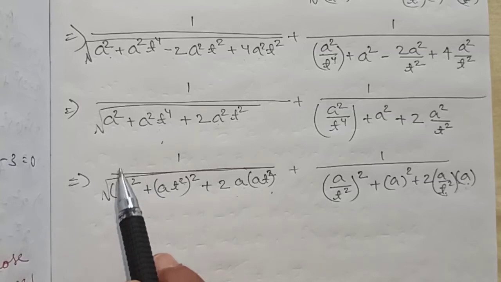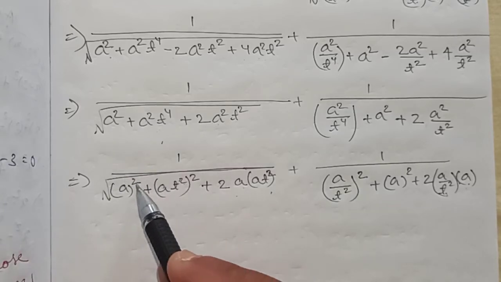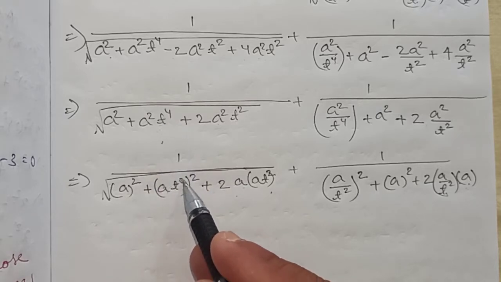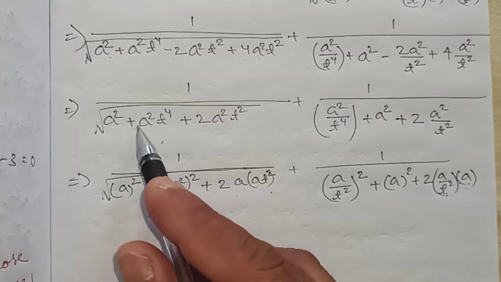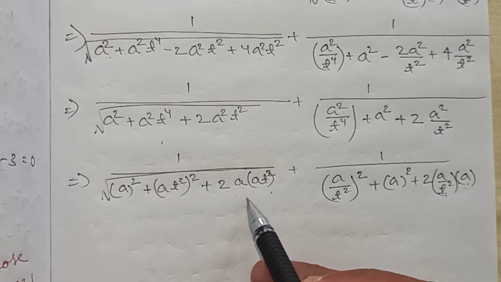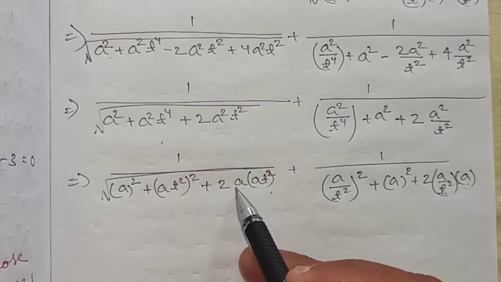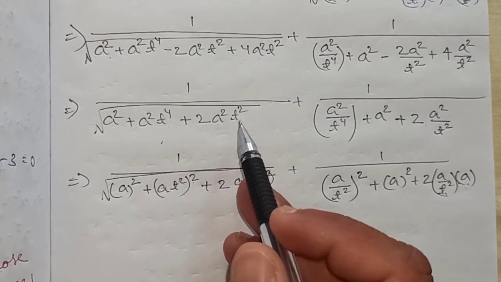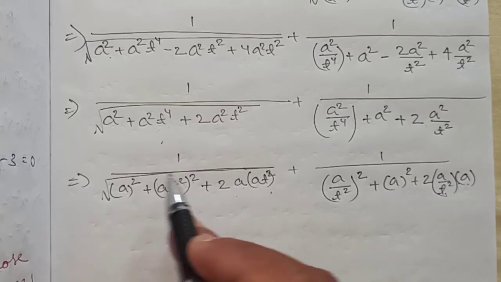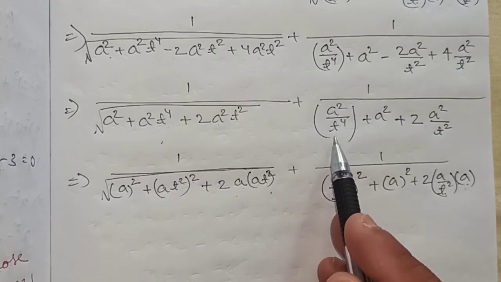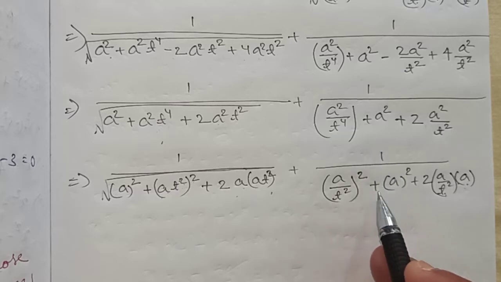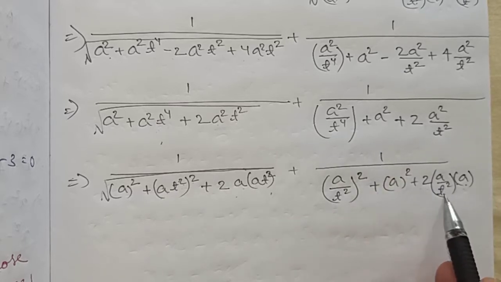Again by arranging them, a square becomes a whole square, a square t to the power 4 becomes a t square whole square, plus 2ab, because a into a t square is a square t square. Assume this is a and this is b, so we write 2ab. Similarly a square by t to the power 4 can be written as a by t square whole square, plus a square plus 2ab.